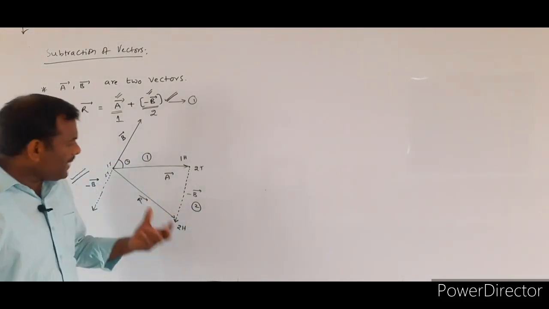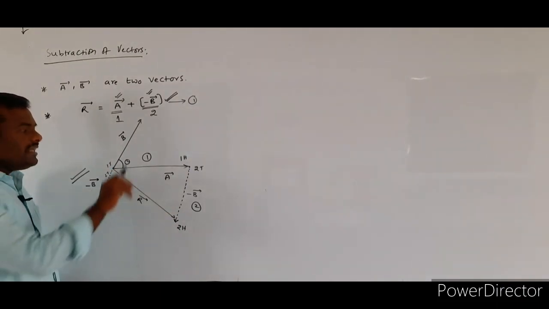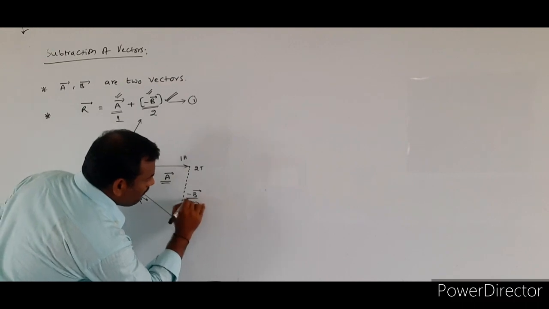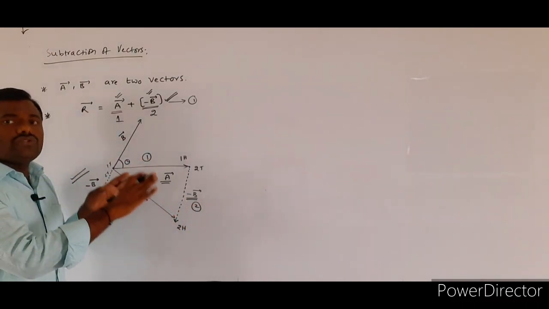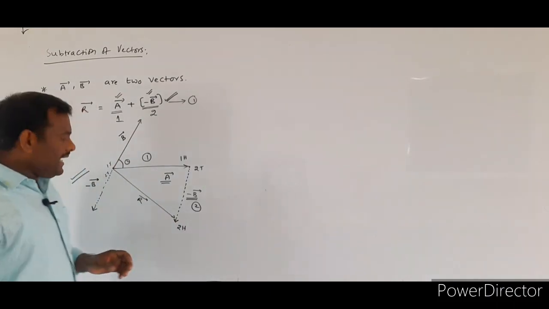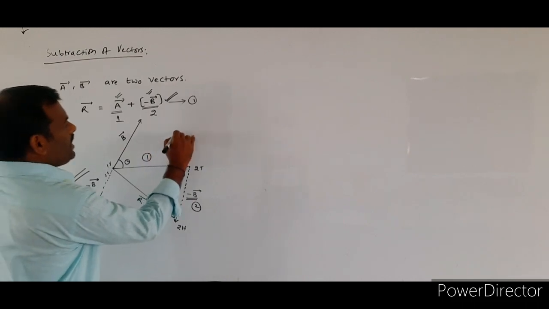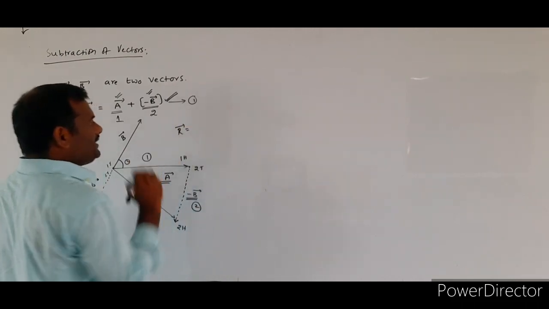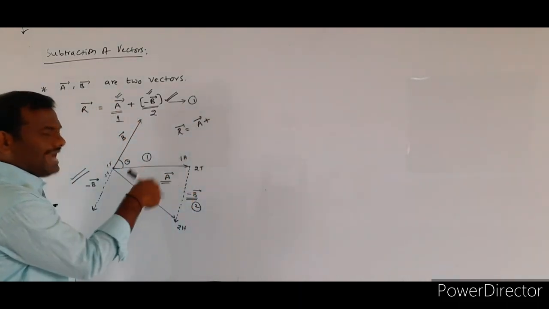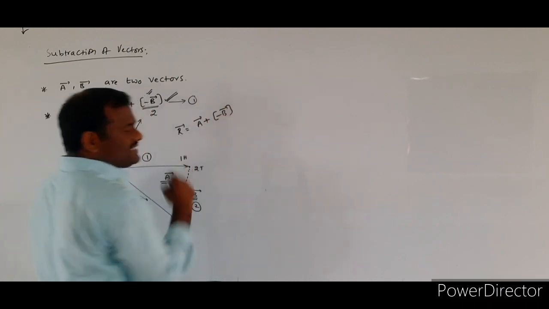From this diagram, the vector A bar and the vector minus B bar are added vectorially. Therefore, the resultant vector R bar is equal to vector A bar plus, because we added here, minus B bar.